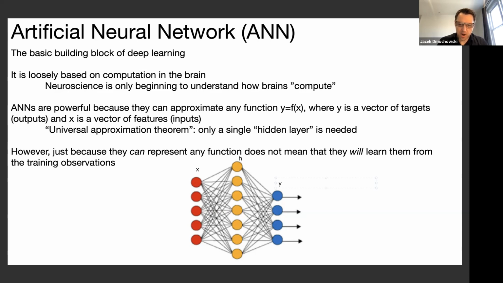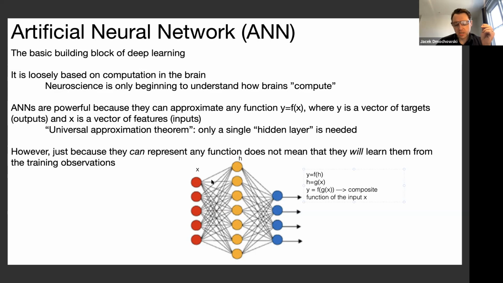This is H, and so Y is a function of H, and H is a function of X. And as a result, Y is a function of X. And so Y is a composite function of the input X. And one of the key elements here, that I'll describe later in a few slides, is that there has to be nonlinearity in each of these nodes.